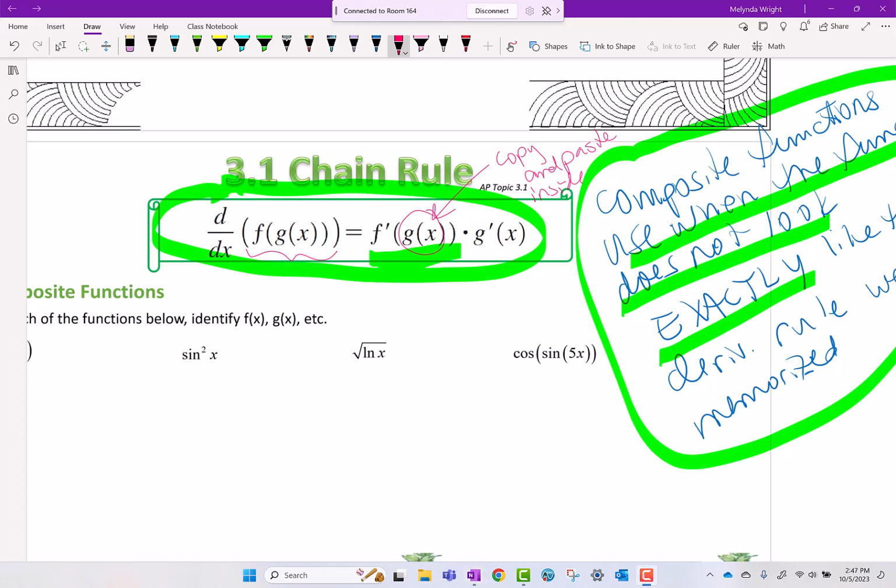Then we multiply by the derivative of the inside. That's the rule.